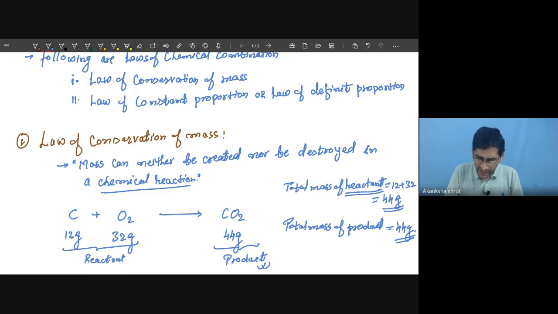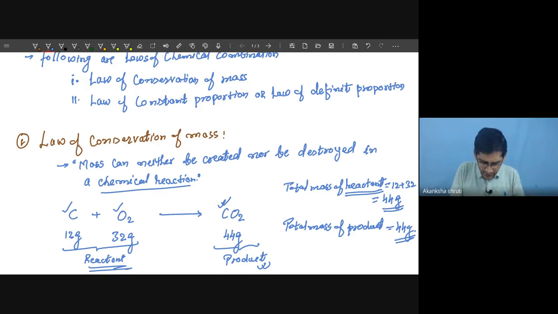The substances which are reacting or combining are called reactants. So the reactants are one, carbon, and the other, oxygen. And the substance which is formed after the reaction is called the product. So the product here is our carbon dioxide, only one product.